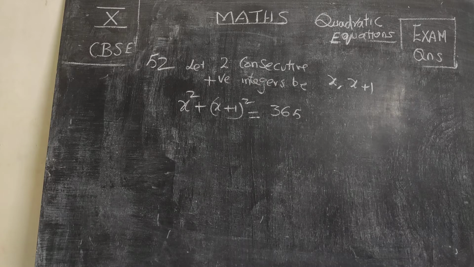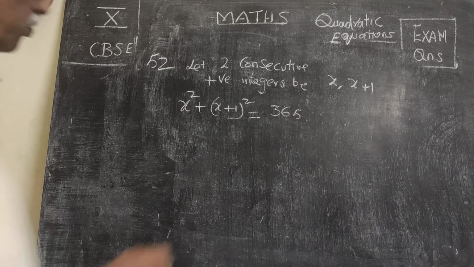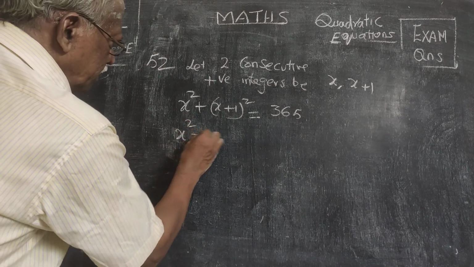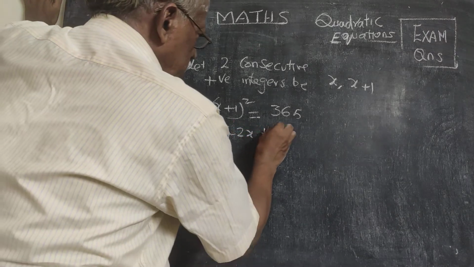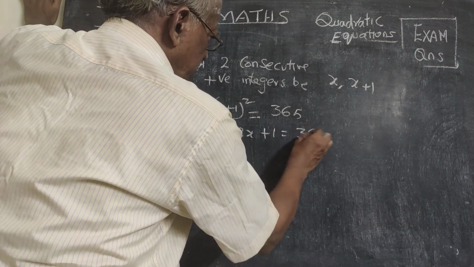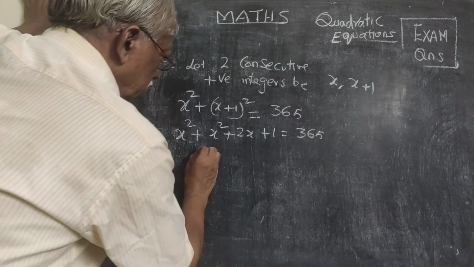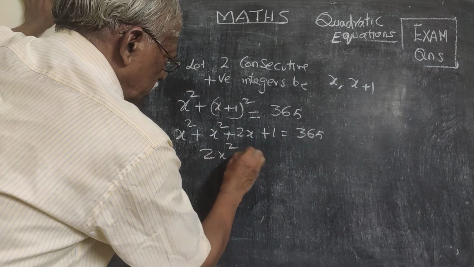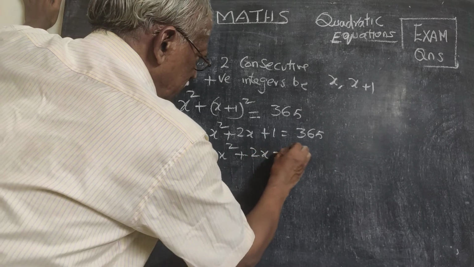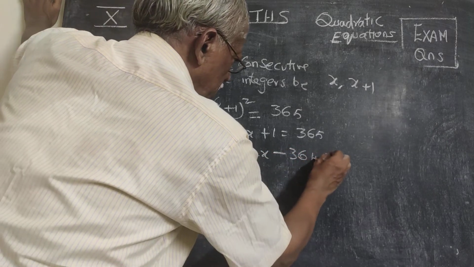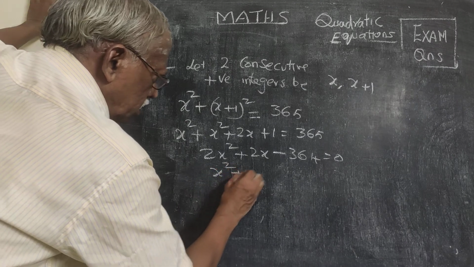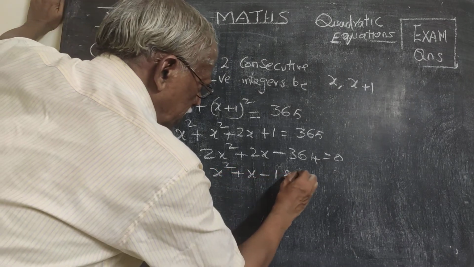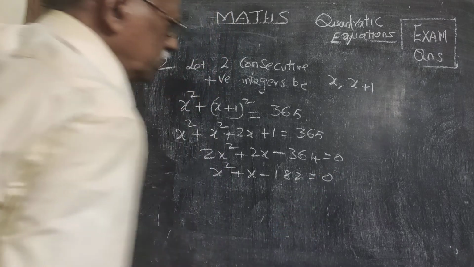x square plus (x plus 1) the whole square is given as equal to 365. Now expand that. x square plus x square plus 2x plus 1 equals 365. Taking everything to one side, this will be 2x square plus 2x minus 364 equals 0. Dividing throughout by 2, x square plus x minus 182 equals 0.